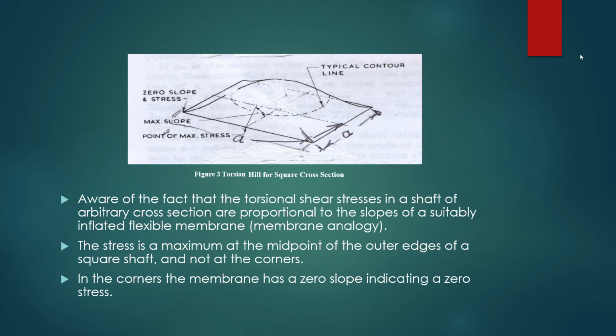So we are made aware of the fact that the torsional shear stresses in a shaft of arbitrary cross section are proportional to the slopes of a suitably inflated flexible membrane, which is the membrane analogy. Thus the stress is a maximum at the midpoint of the outer edges of a square shaft and not at the corners. In the corners the membrane has zero slope, indicating zero stress.